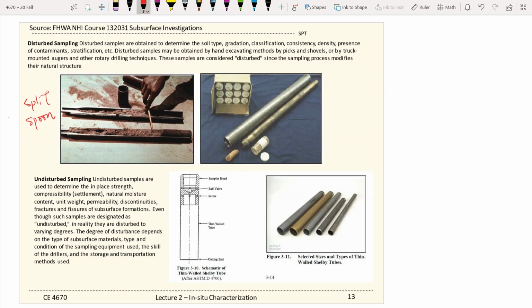Pretty much you don't care about the quality of the intact sample.